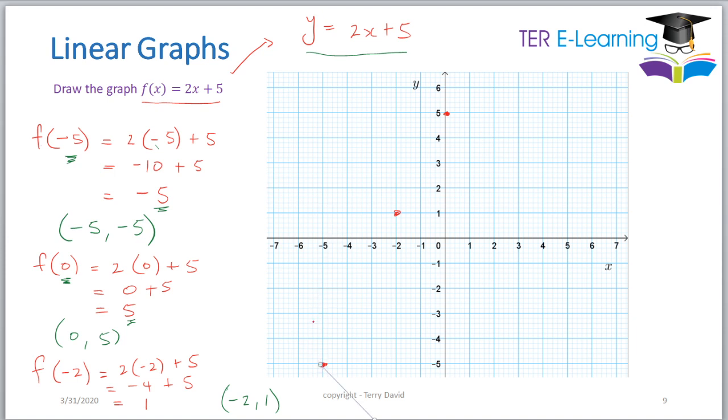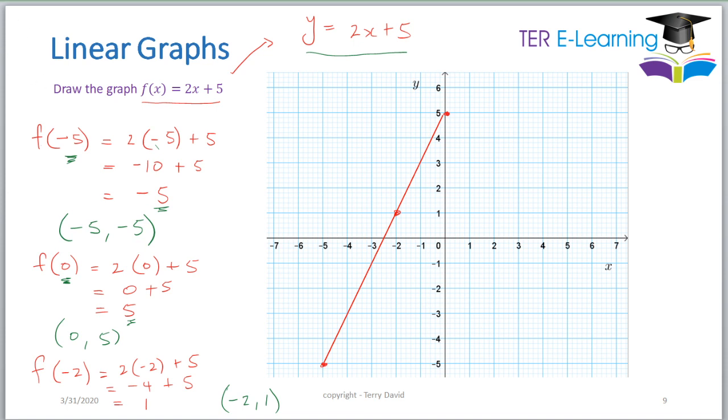Give me a second. So this is what my graph is going to look like. This is what my function is going to look like.